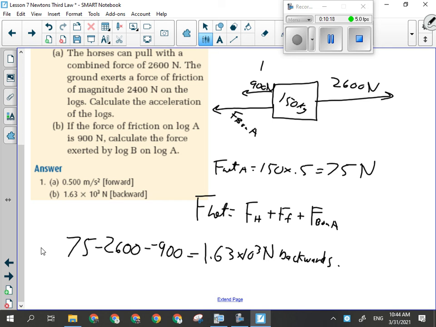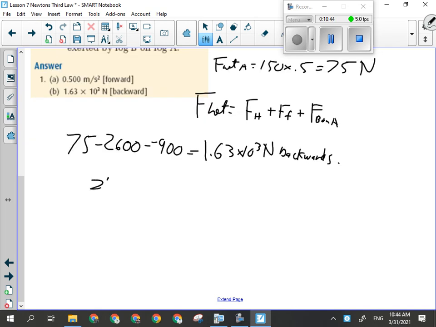Yeah? Okay. Just saying, I could also solve this using log B, but I'd have to do one extra calculation. I have to figure out how much of the total friction that they gave me in part A is acting on log B, because they told me that 900 newtons of it is acting on log A. So all I have to do is say, if there's 2,400 newtons of total friction in the system, and 900 of it is on the first log, then there must be 1,500 newtons left acting on the other log.